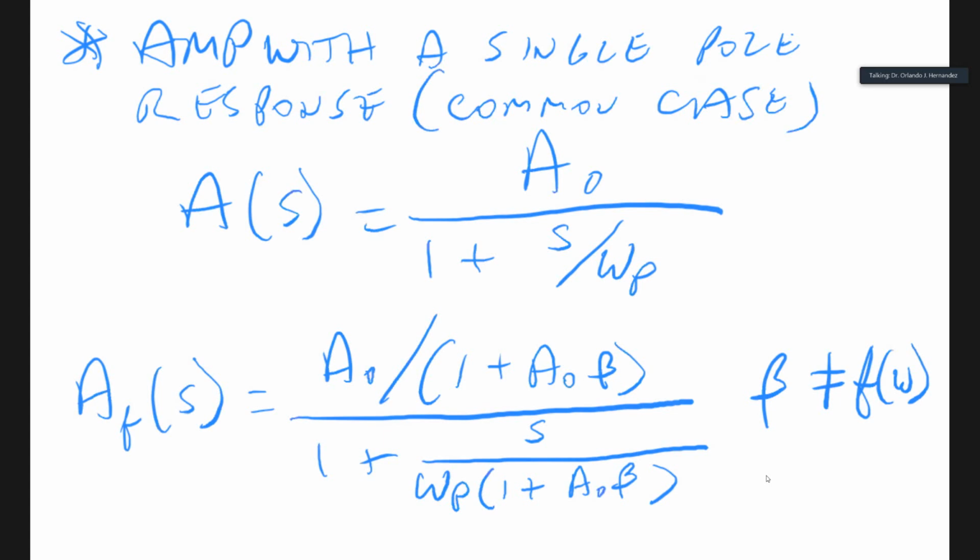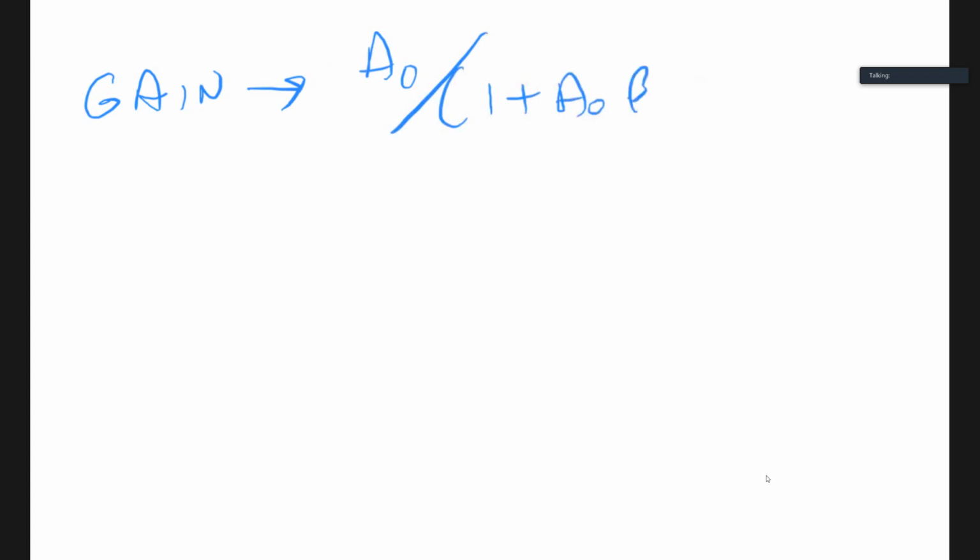And if we do that, we can see from the previous expression the gain, and for the closed loop case, the gain of the closed loop response is this expression, and the pole for the closed loop case is this.